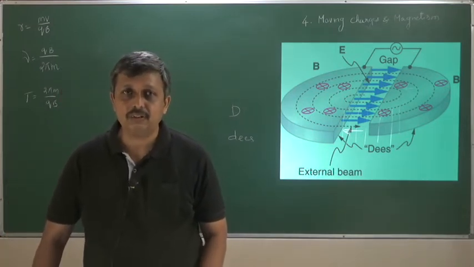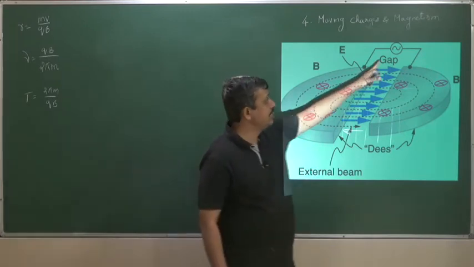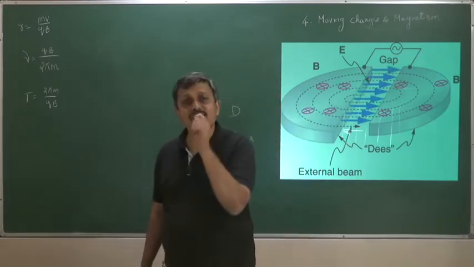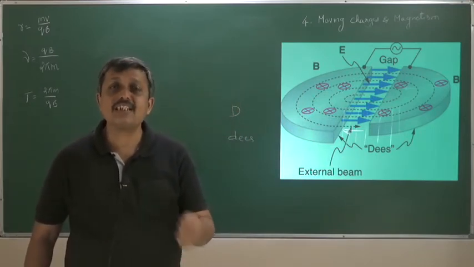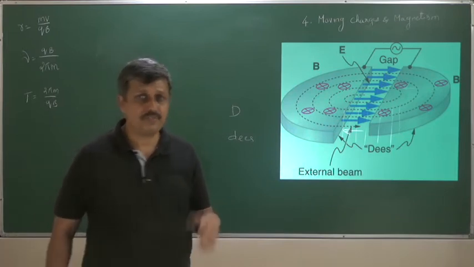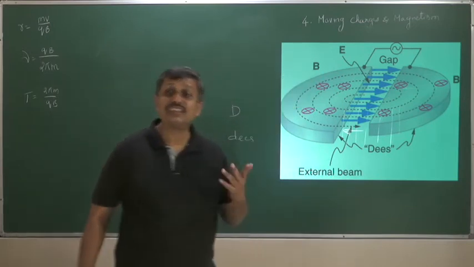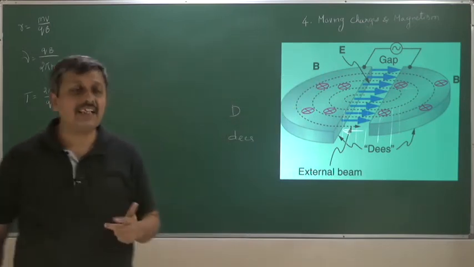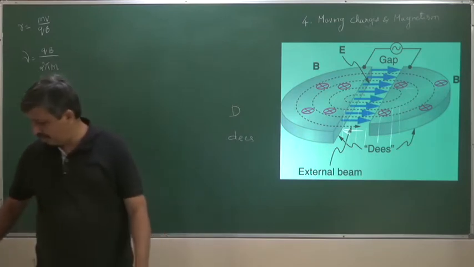You know that value, and then you can tune the E such that its alternating frequency exactly matches that. I am saying the frequency of the cyclotron is matching with that. That is called the resonance condition. When that happens, naturally it gets speeded up. So let's see how much it gets speeded up.